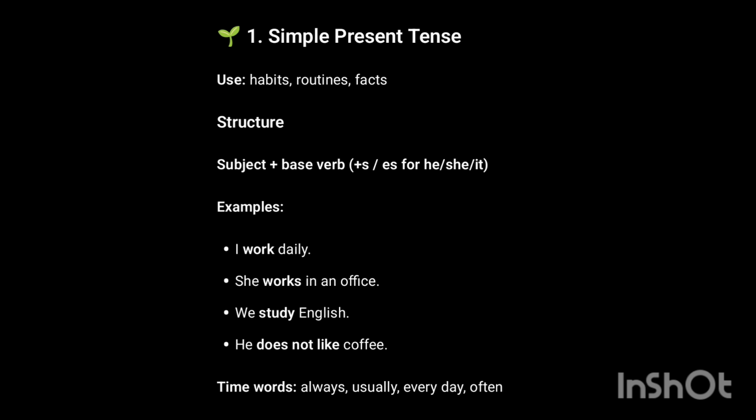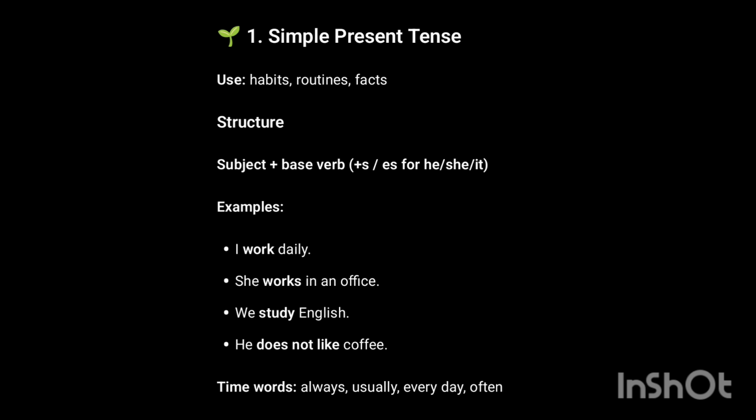Subject plus V5 (V1 plus s/es), like drives, rides. You guys remember that for third person singular, we have to add s or es at the end of the verb, right? We use subject plus V5 plus object for he, she, it.